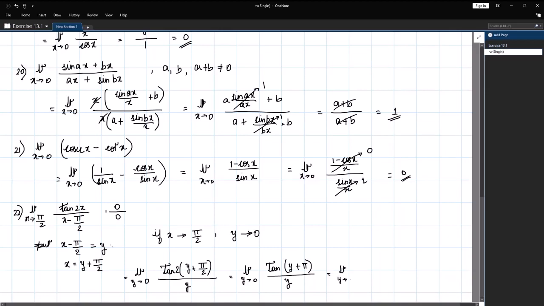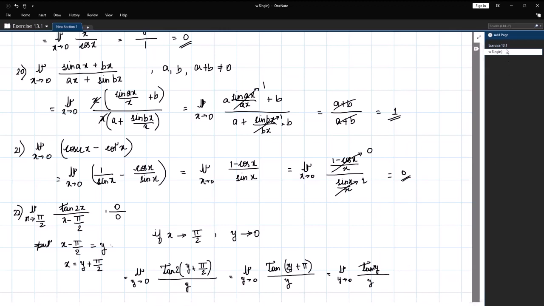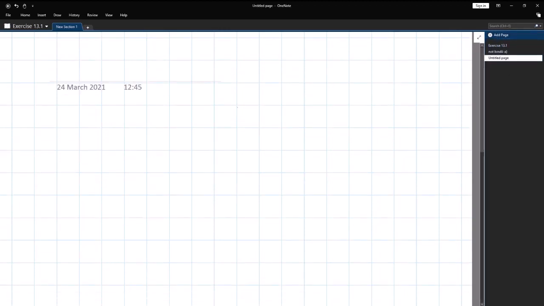So limit y tends to 0, tan of 2y divided by y. So we have limit y tends to 0 of sin 2y divided by y into 1 by cos y.